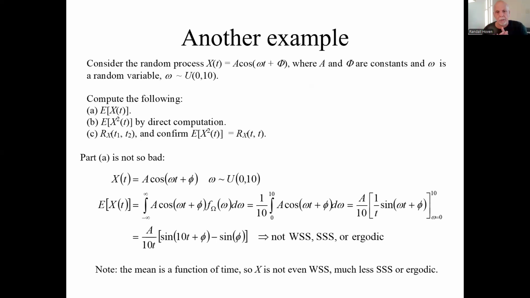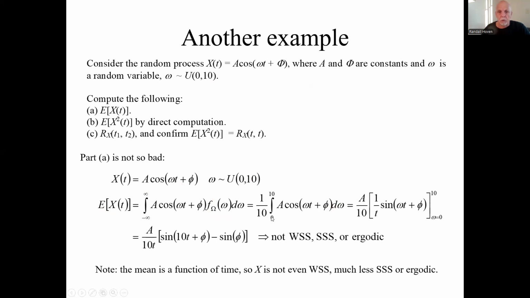So let's see what it is. What's the expected value of that X? Well, you put this function in with the PDF of the random variable. That PDF is just uniform, 0 to 10. So its magnitude and amplitude is going to be 1/10.